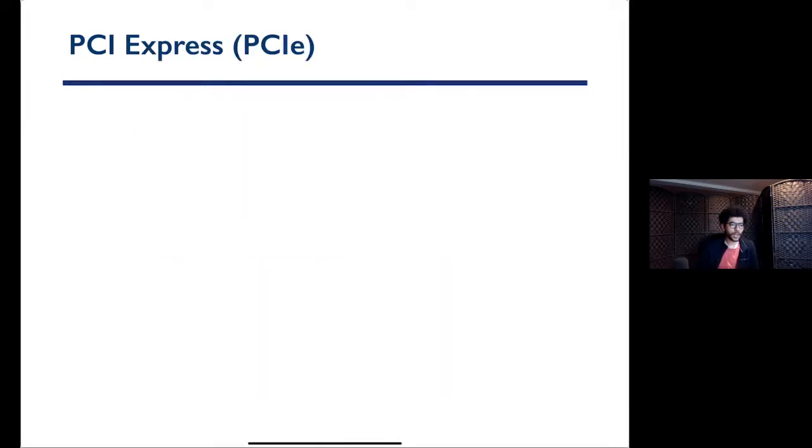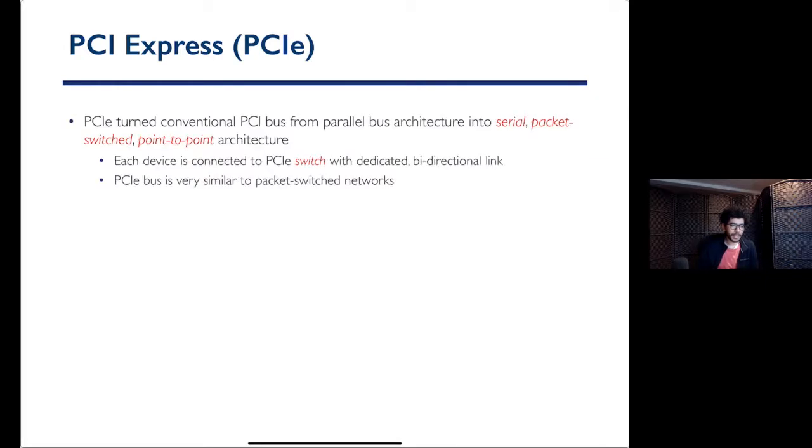They basically fixed this by introducing PCI Express, an extension on PCI. The idea was to go from a parallel bus architecture to a serial bus architecture, but they kept the interface the same.